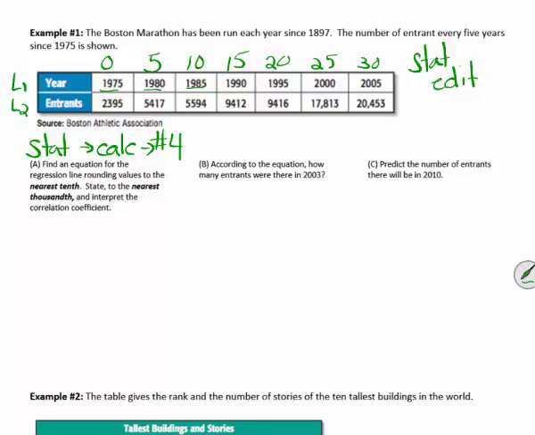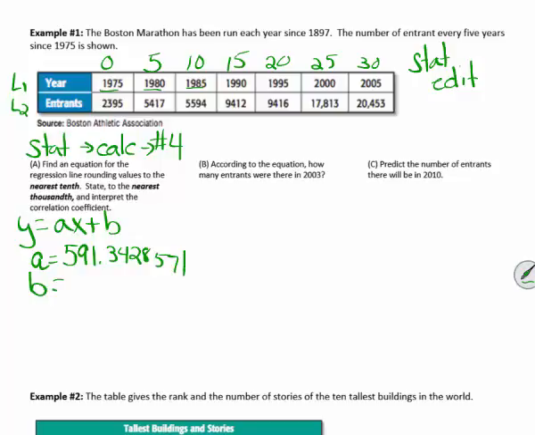You might have to hit enter a few times, but that's now going to give you, it should look like this on your screen. It's going to say y equals ax plus b. It's telling you the general form. That's a linear equation. Then it's going to tell you that a is equal to 591.3428571.